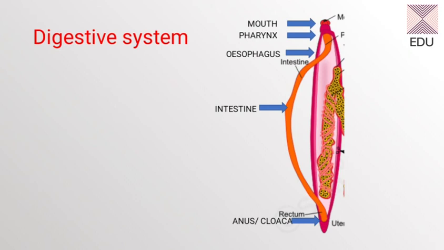Both mechanical and chemical digestion occur in the pharynx. As the pharynx is a muscular organ, it can digest the food mechanically also with the help of the radial muscles. Then the food enters into the intestine.